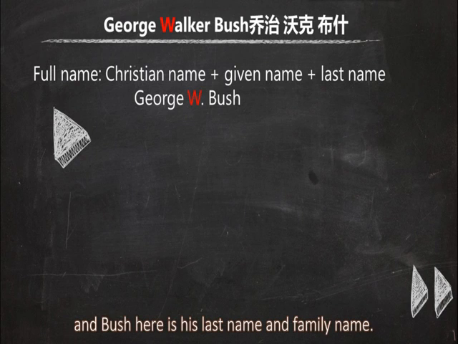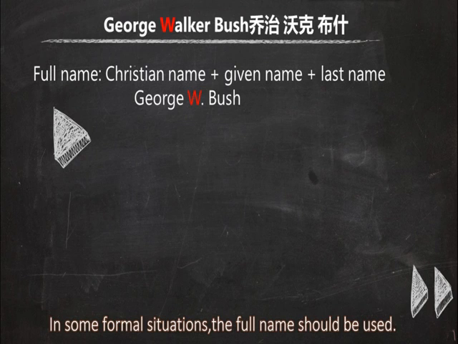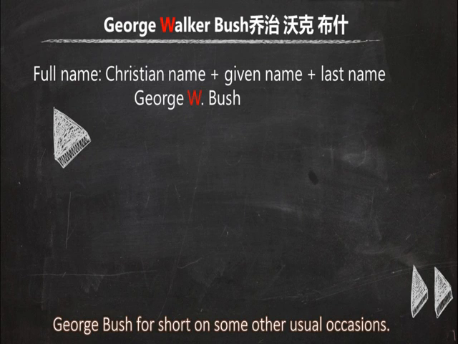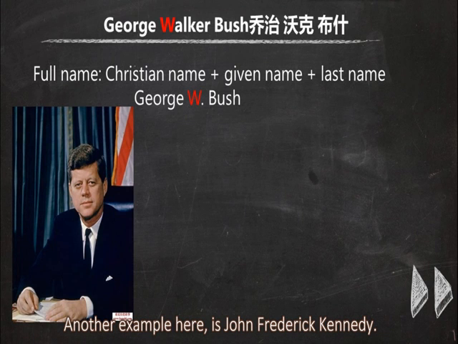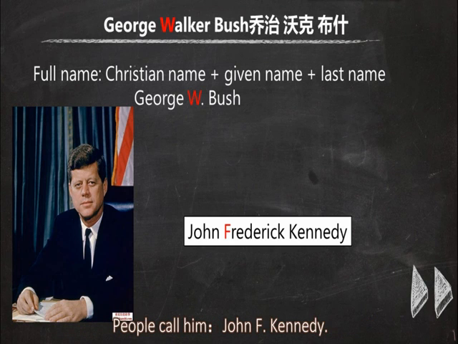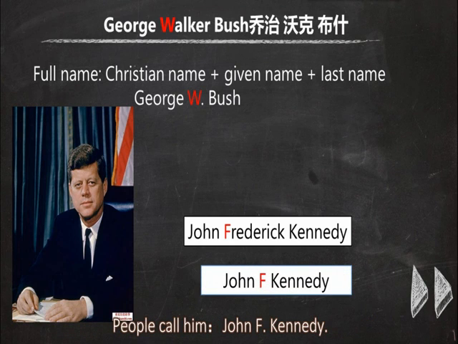And Bush here is his last name and family name. In some formal situations, the full name should be used, while people will call him George W. Bush or George Bush for short on other usual occasions. Another example here is John Fitzgerald Kennedy. People call him John F. Kennedy.